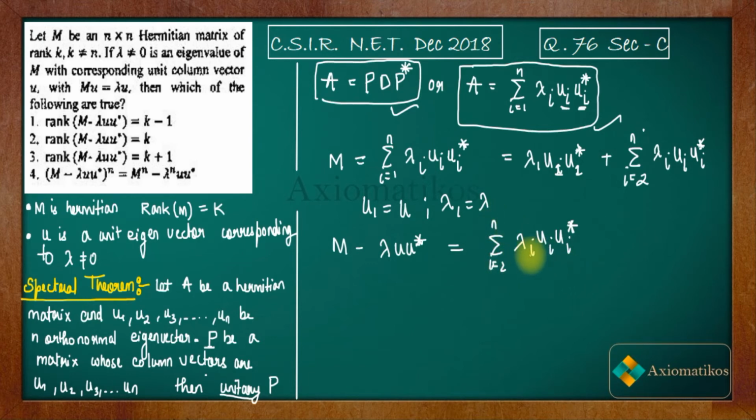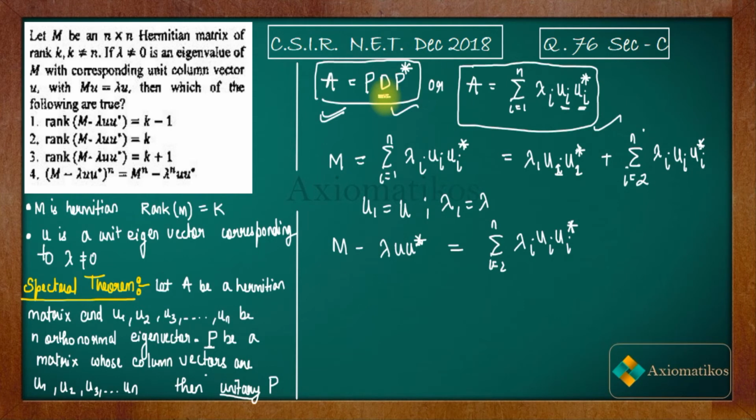Now I am again focusing on this, that rank of M is k. See, in this representation, if rank of A is k, it means that rank of D should be k. Are you getting my point? Because A and D are actually similar.